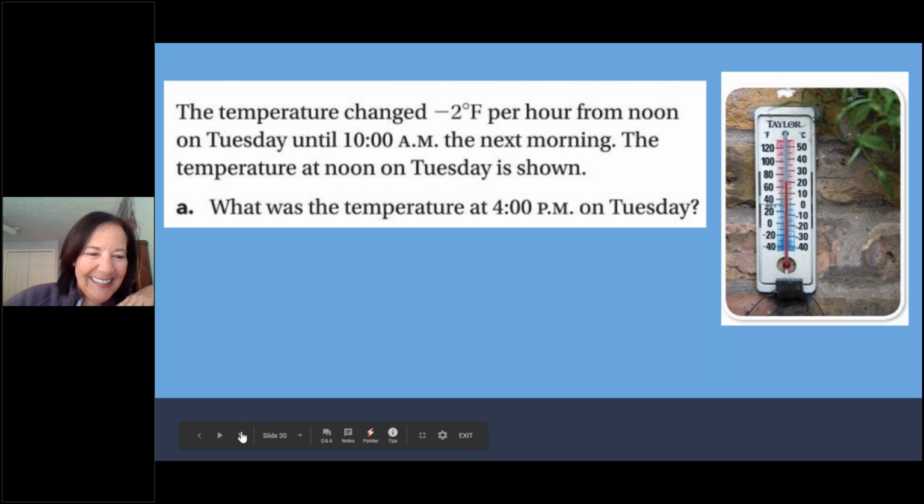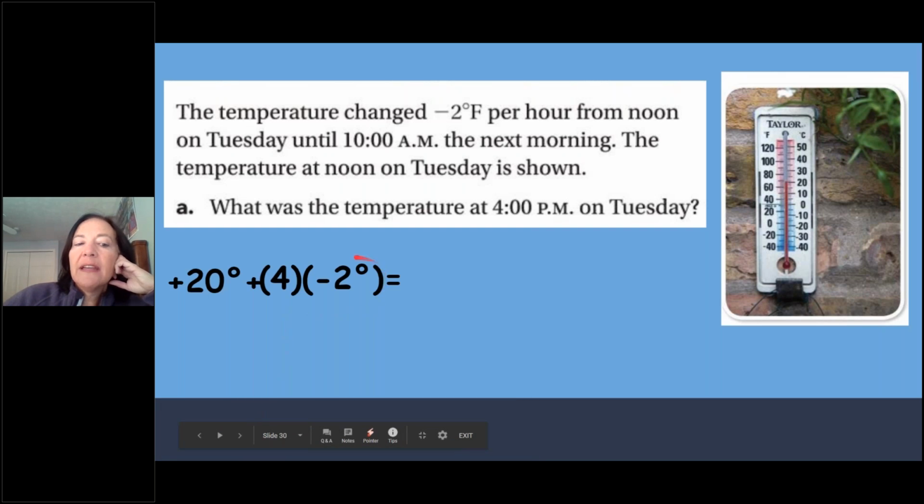Okay, so let's see here. We start with 20 degrees. And so then we say, what happens then? It's going to go down 2 degrees for 4 hours. When something happens repeatedly over time, it's going to be multiplication.